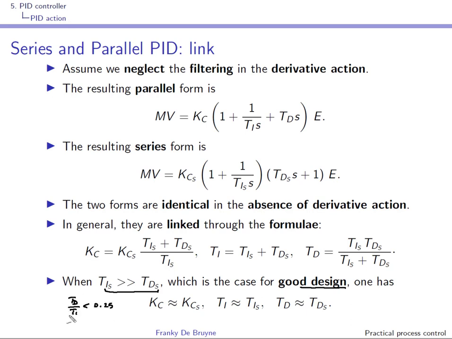If this assumption is valid, you can see that the parameters for the parallel form and the series form can correspond. So you can use, for instance, parameters coming from a series form for a parallel form and vice versa. If you want to compute things exactly, these are the formulas that you should use.